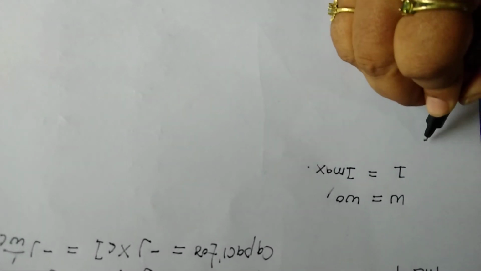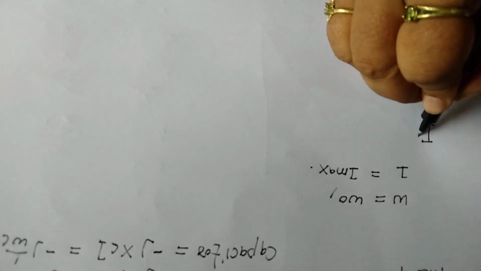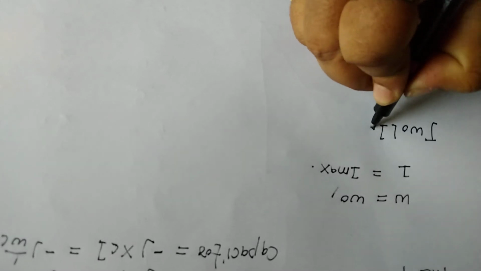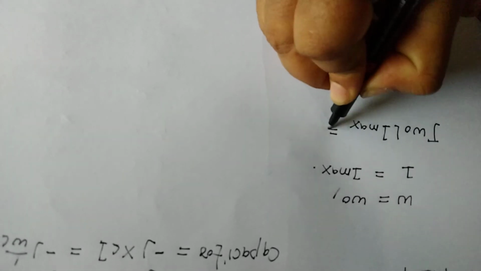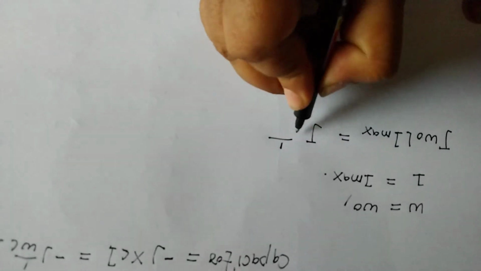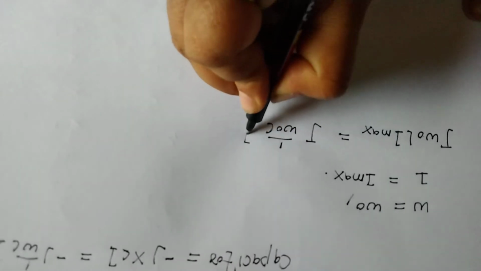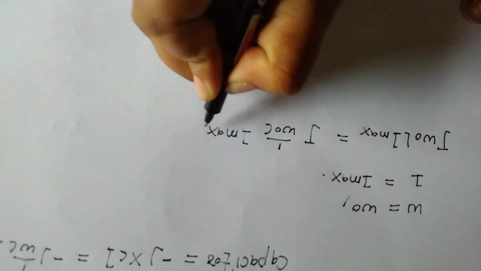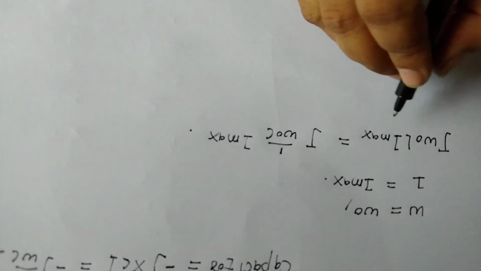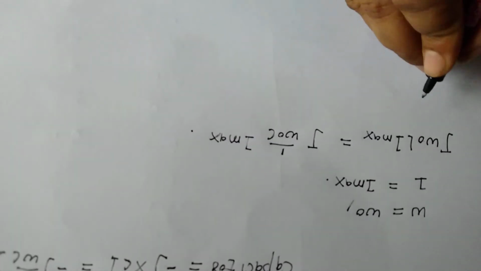So it can be written as j omega L I maximum is equal to j 1 by omega naught C I maximum. This j will be cancelled, and this I maximum will cancel.